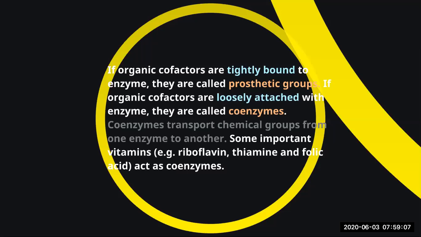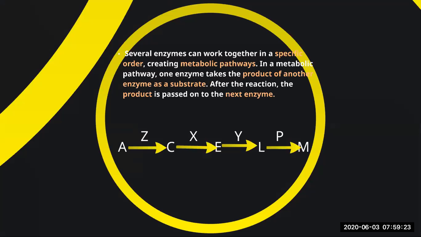Some important vitamins also act as coenzymes, like riboflavin, thiamine, and folic acid. They are examples of coenzymes. This is all about cofactors and coenzymes. The next point of characteristics of enzymes is that several enzymes can work together in a specific order to make a metabolic pathway.